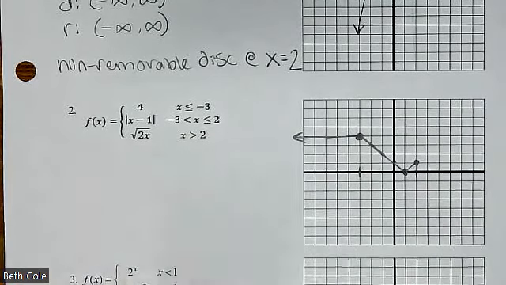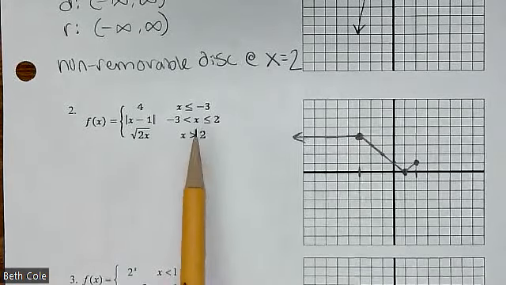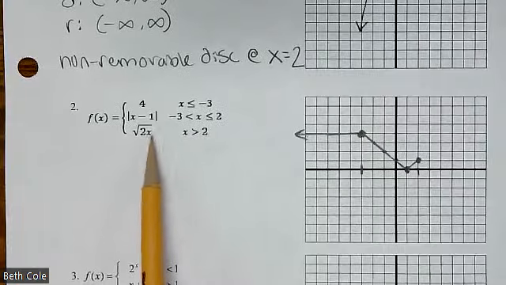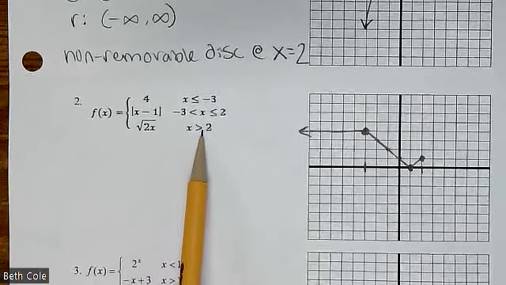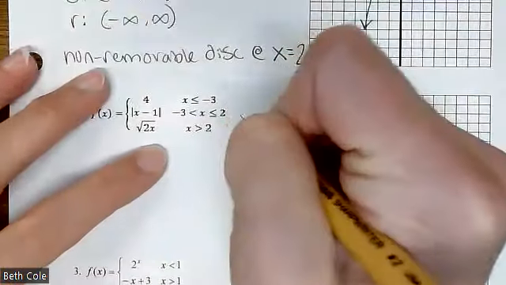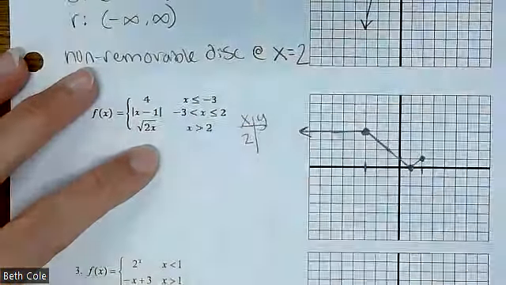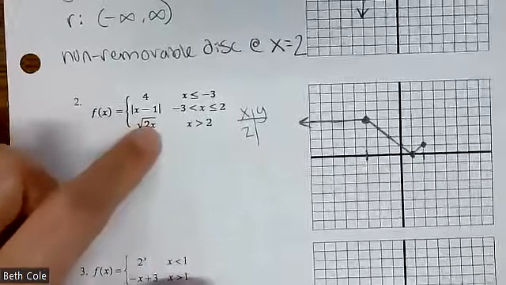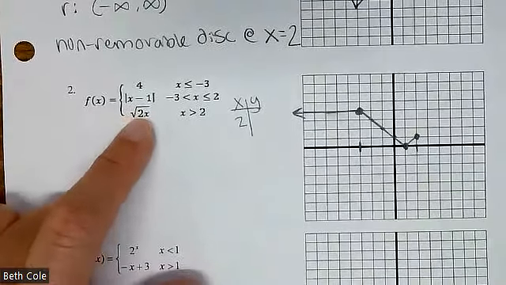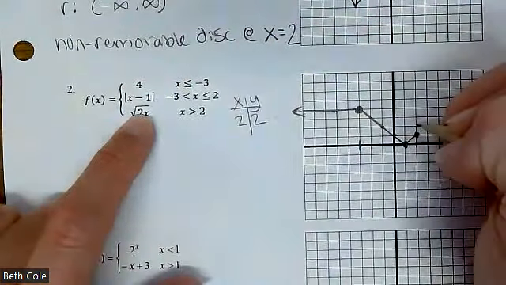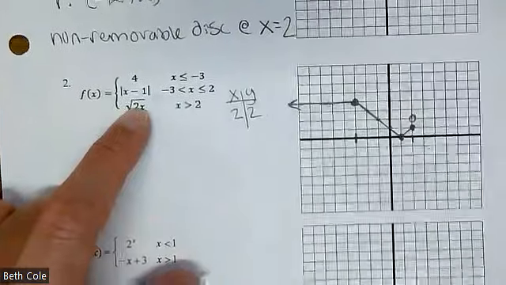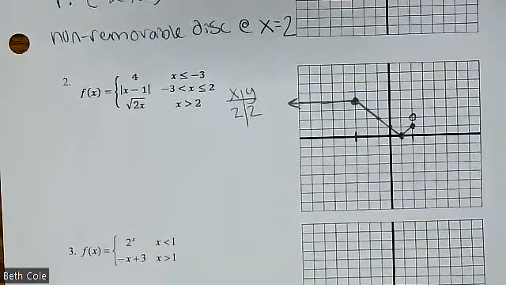All right, and then the last piece is square root. It's going to do something like this. Just act it out. We're going to start by plugging in 2. But Miss Cole, you can't plug in 2. Yes, I can. It will be open. All right, here, I'll just make a little table for us. If you plug in 2, 2 times 2, 4, square root of 4 is 2. So you get (2, 2), but it's open. Now this is a little tricky.